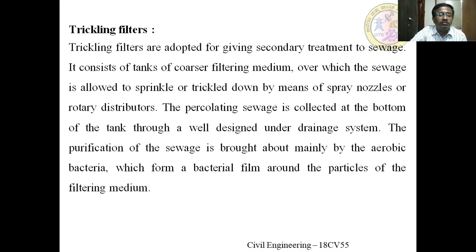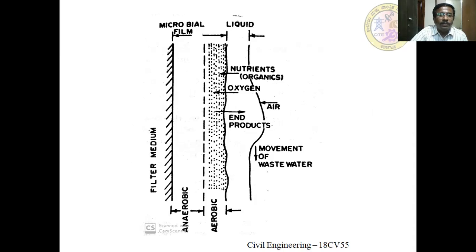Under the attached growth system, there are many other processes; the rotating biological contactor also comes under this. Next, the typical section of an attached growth system or trickling filter is as shown in the figure. The filter media is usually inert material, such as coarse aggregate, plastics, or pebbles.